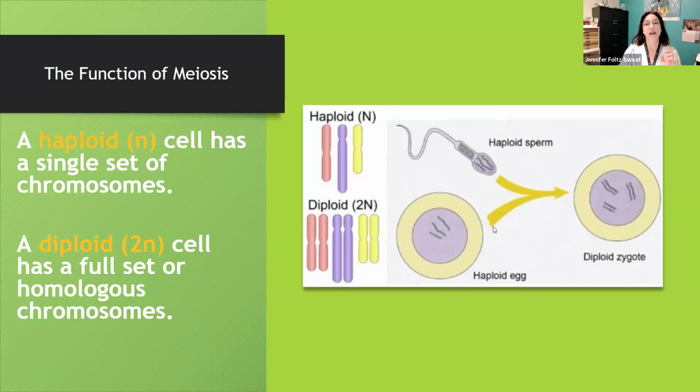Now, the only cells in your body that are haploid are your gametes, right? You have a haploid sperm, haploid egg, they undergo fertilization, and you end up with a diploid zygote, a zygote with its full set of chromosomes. Why is it important that our gametes are haploid?